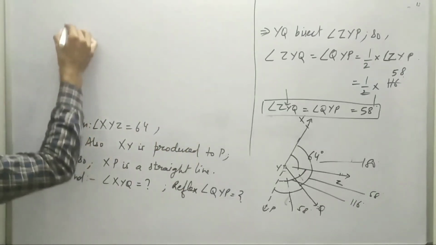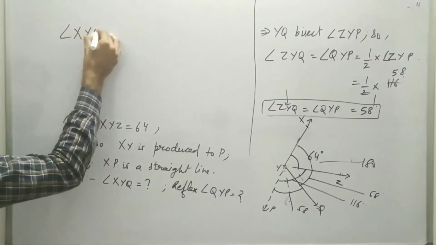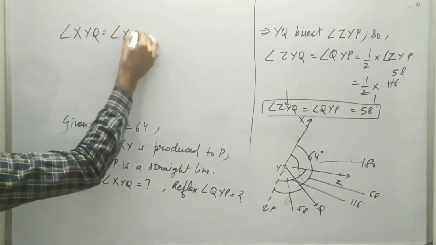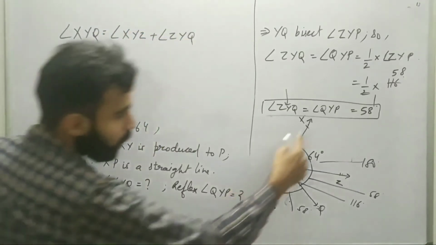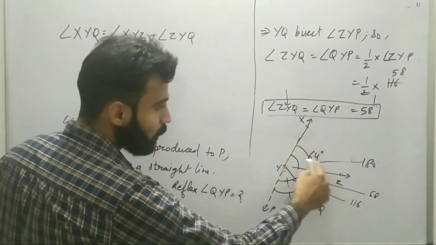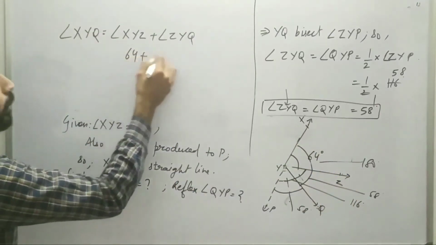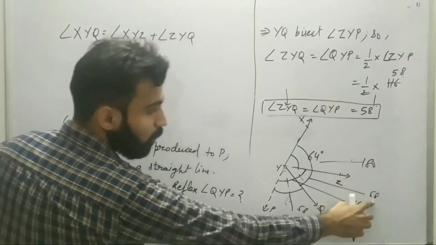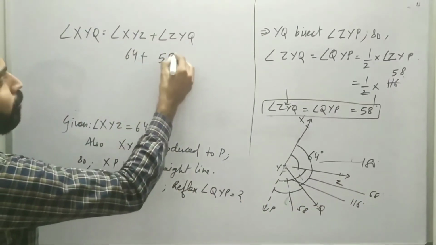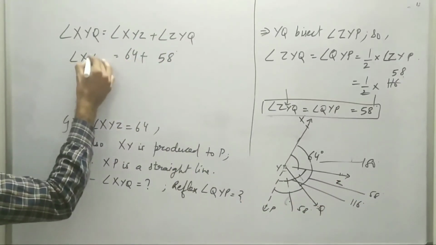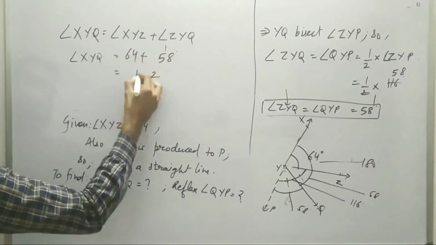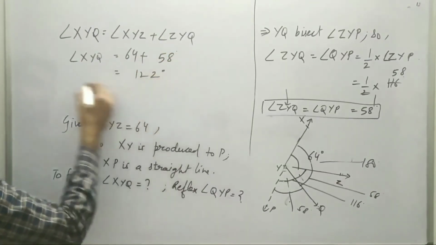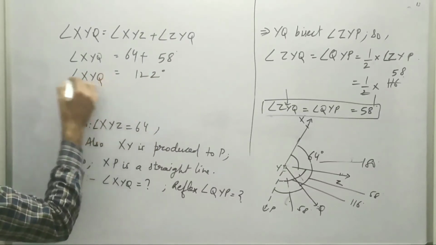So angle XYQ is equal to angle XYZ plus angle ZYQ, right? Now XYZ is 64 and ZYQ is 58. Now simply add them. 8, 4 is 12, 6, 6 is 12, right? So 112 degrees is angle XYQ, right?